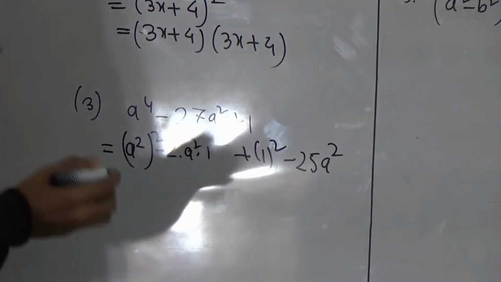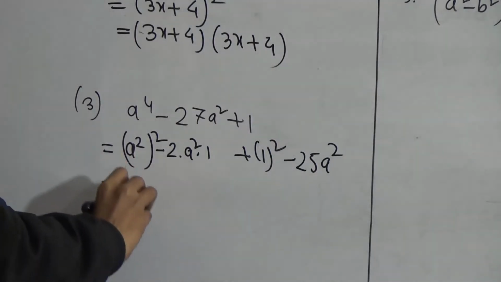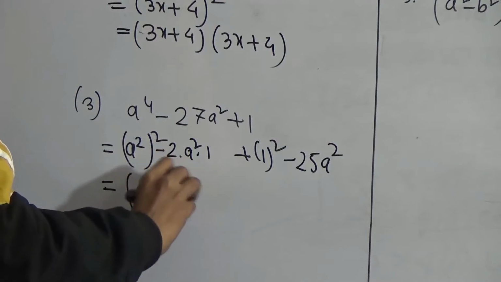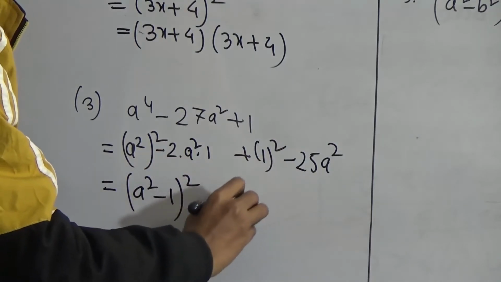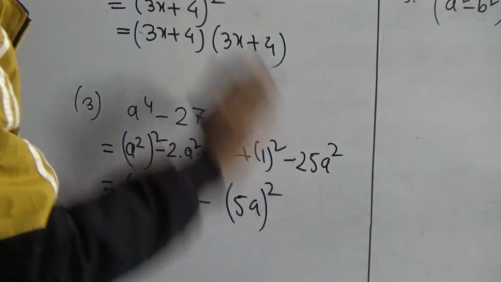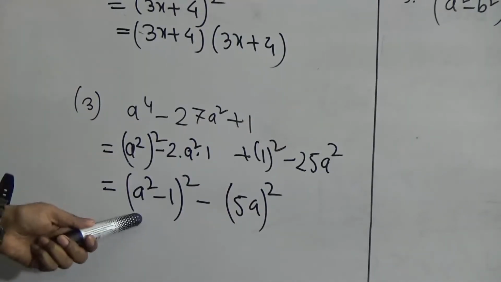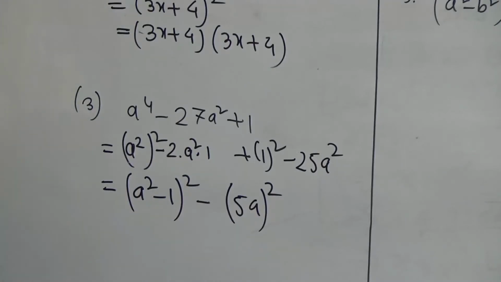Okay. Now we have to write this way: a square minus 1, then whole square. 25a square we can write this way: 5a, then whole square. Student, notice here a square minus 1 whole square minus 5a whole square.